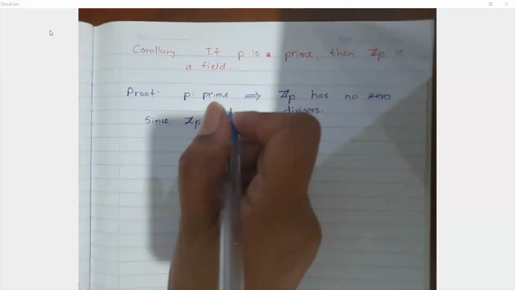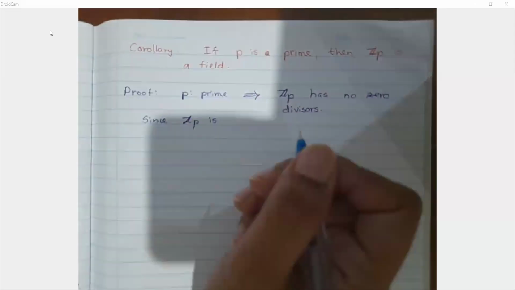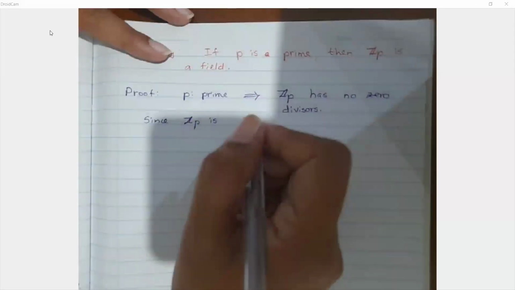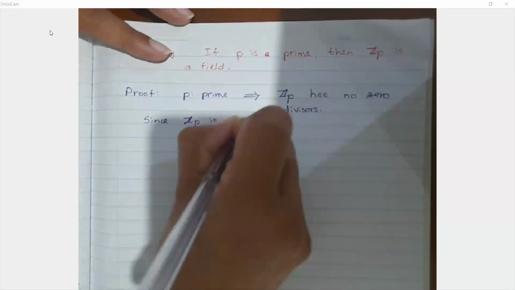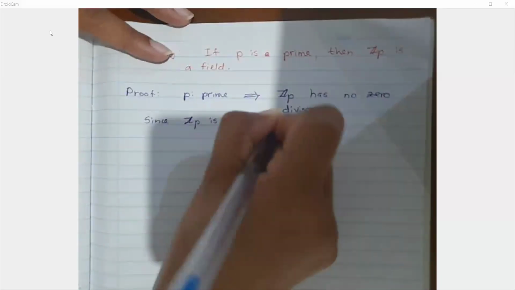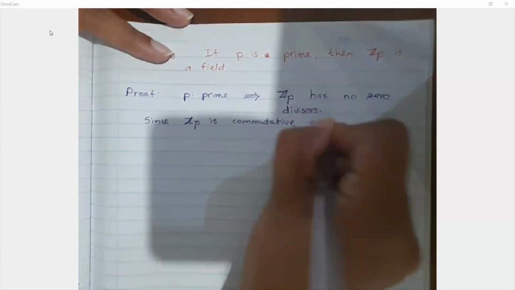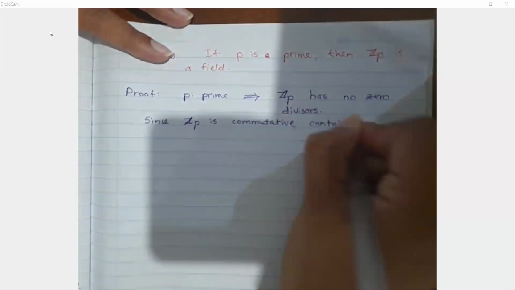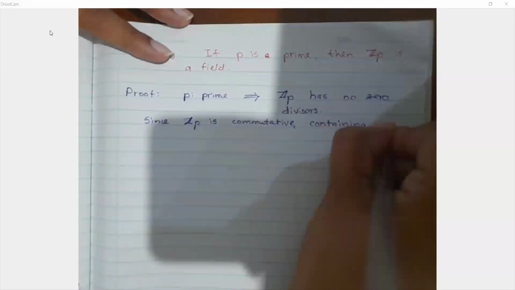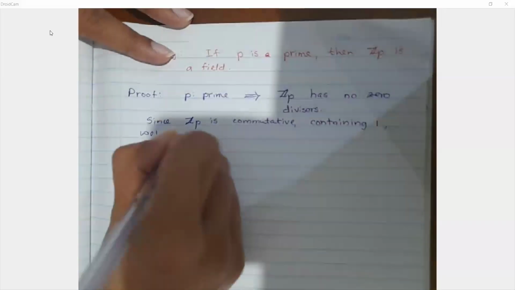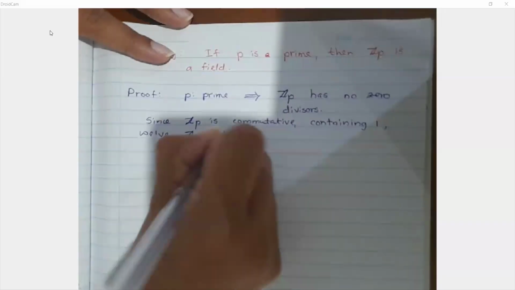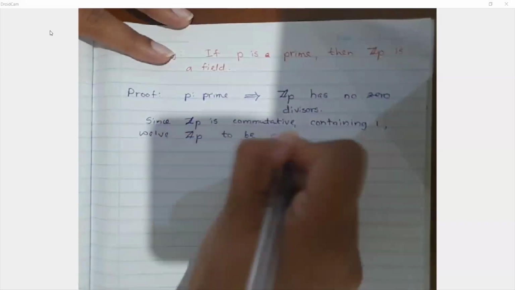And we have written it as an example also. There's nothing to really write. Commutative, we have Zp to be an integral domain.